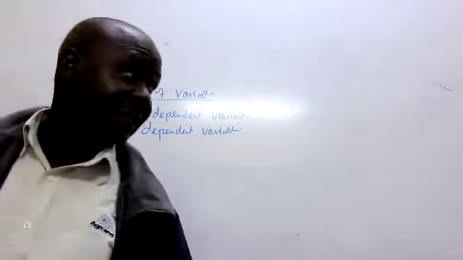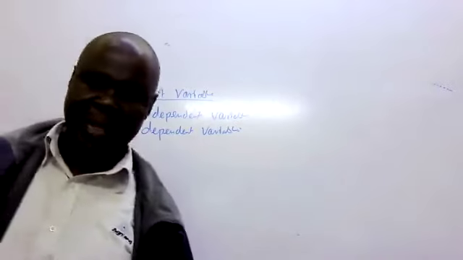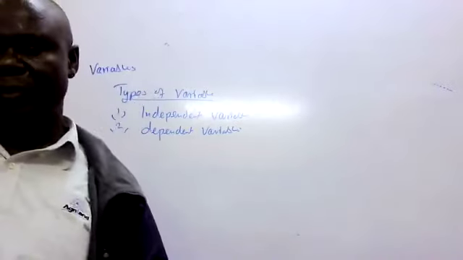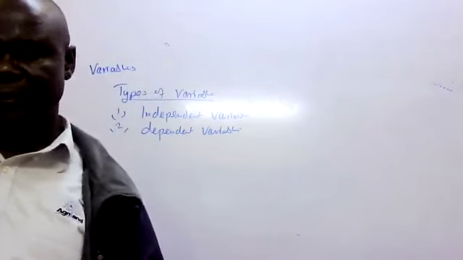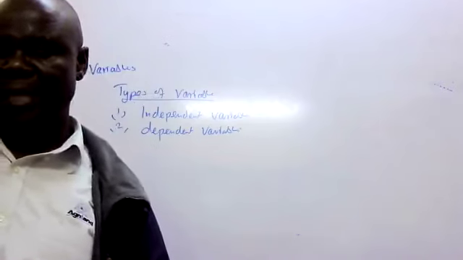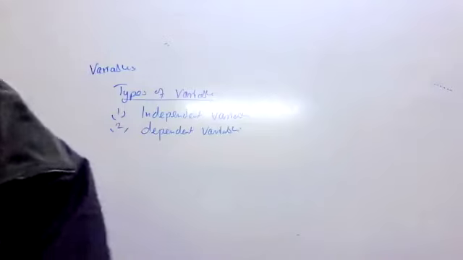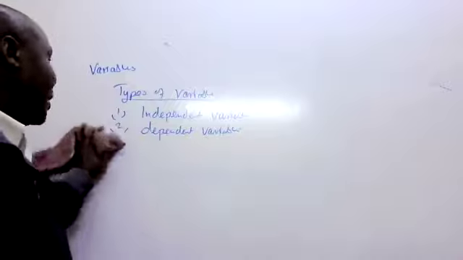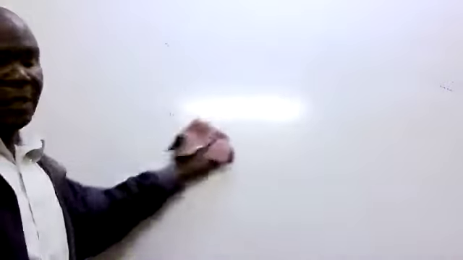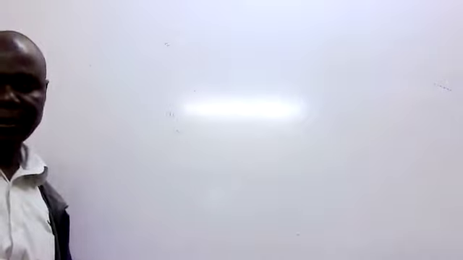When the two variables x and y are so related that the value of y can be calculated by a given value of x, then y is said to be a function of x.